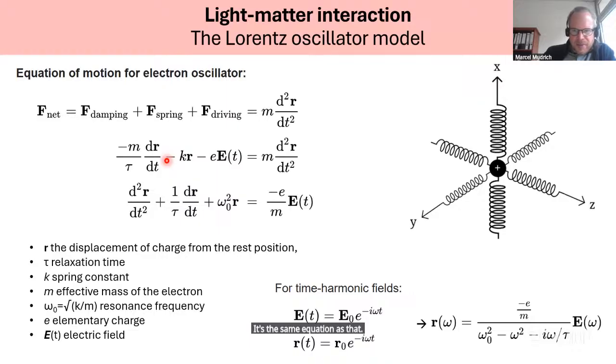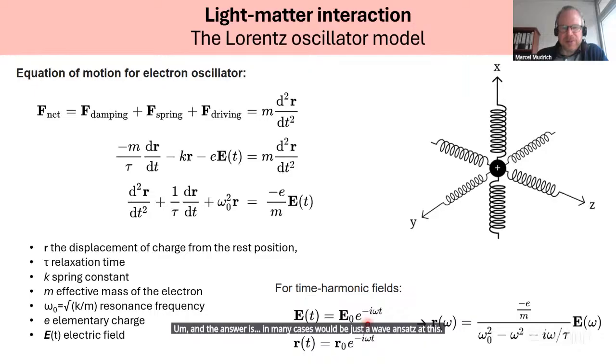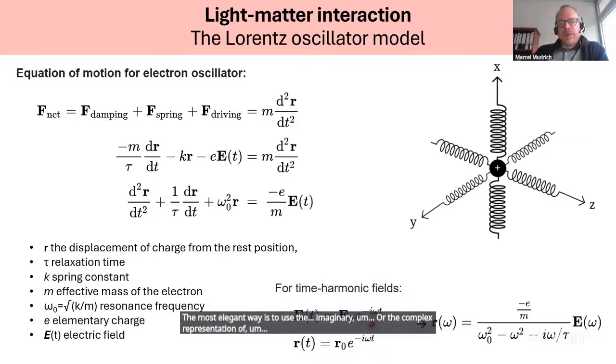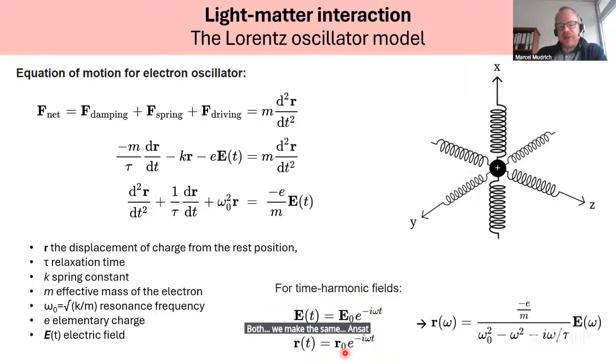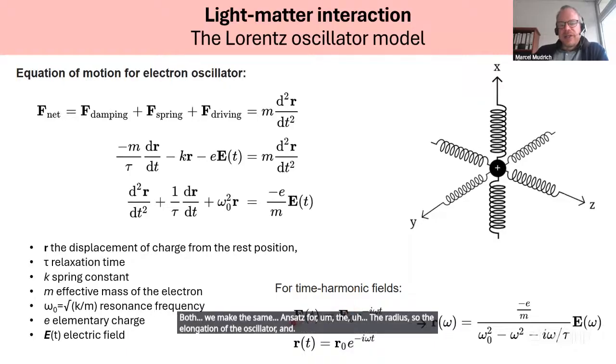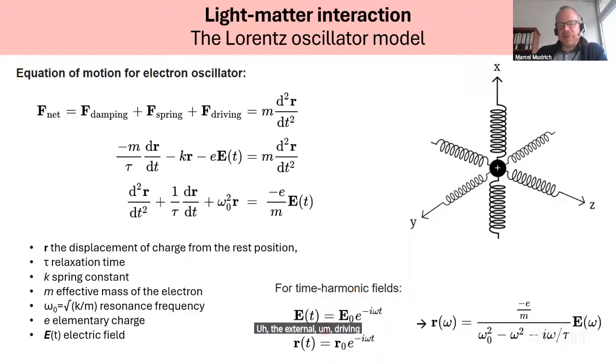And then to solve this equation here, we have to make some ansatz. And the ansatz, as in many cases, would be just a wave ansatz. The most elegant way is to use the complex representation of an oscillation, e to the minus i omega t. We make the same ansatz for the radius, so the elongation of the oscillator, and the external driving electric field.